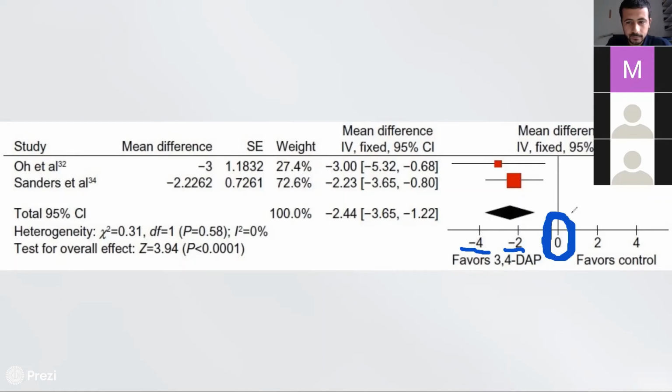They are saying that the risk or the odds ratio is 0 and not 1. Give me a full sentence because I don't understand anything.